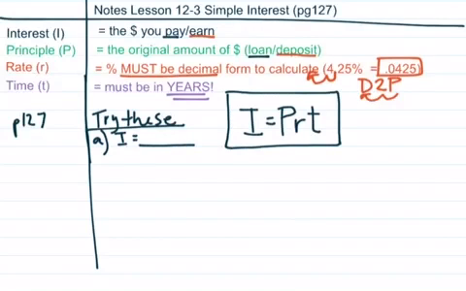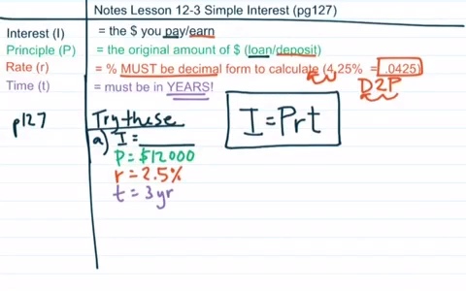Okay, then we are told that the loan amount is for $12,000. We are told that the rate is 2.5%, and we are told that the time is 3 years.